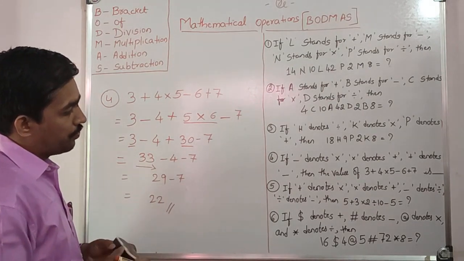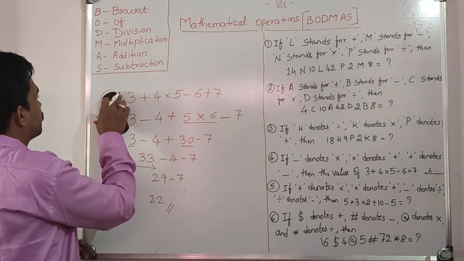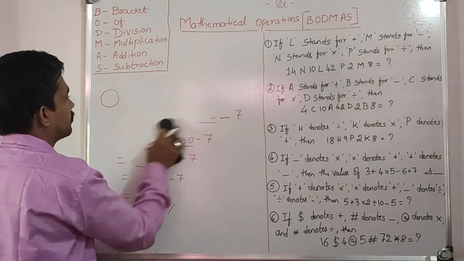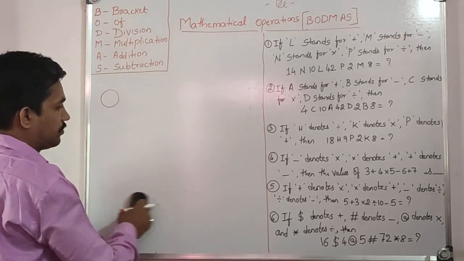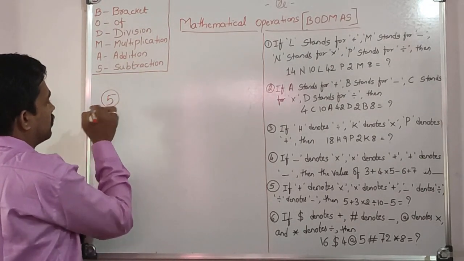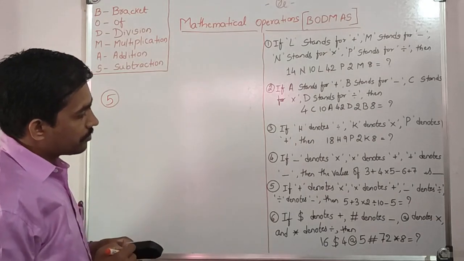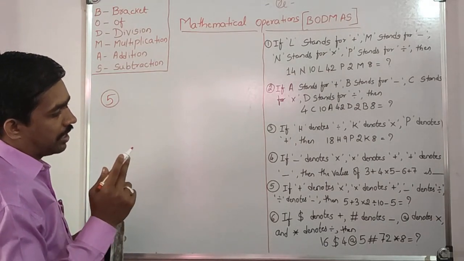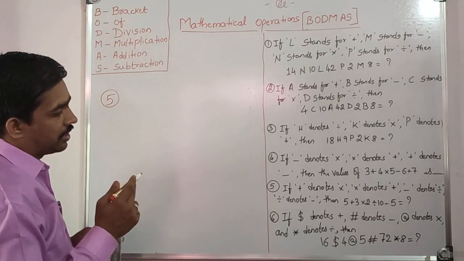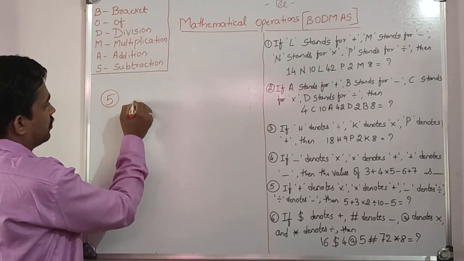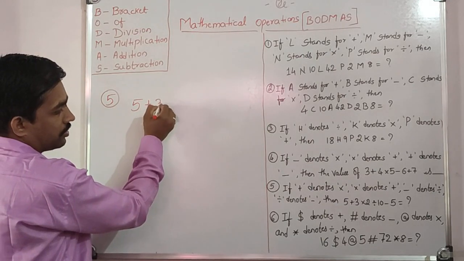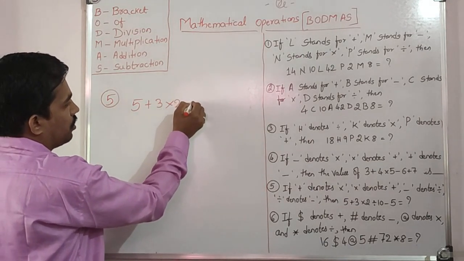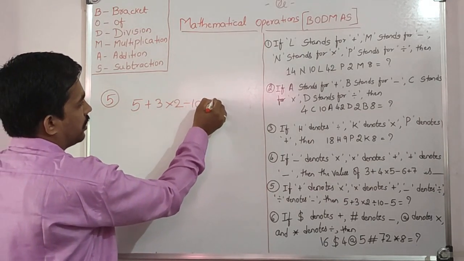So next, fifth question. If plus denotes into, into denotes plus, minus denotes divide, and divide denotes minus, then 5 plus 3 into 2 divided by 10 minus 5.